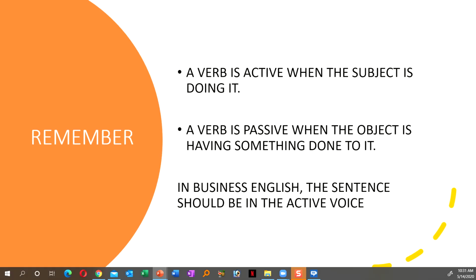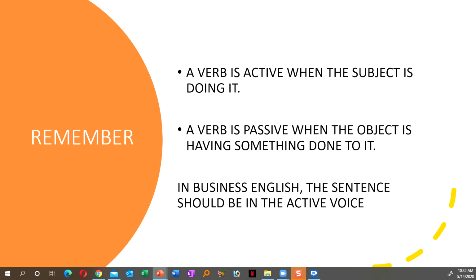So now you need to remember a verb is active when the subject is doing it. A verb is passive when the object is having something done to it. So in business English, the sentence should be, most of the time, in the active voice. Okay, so far so good. All right, we're doing good.